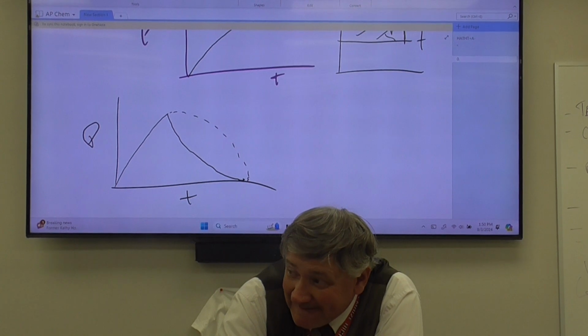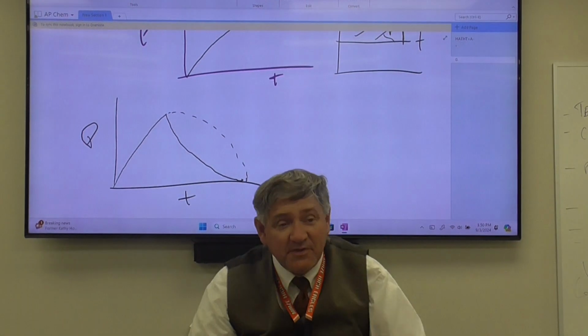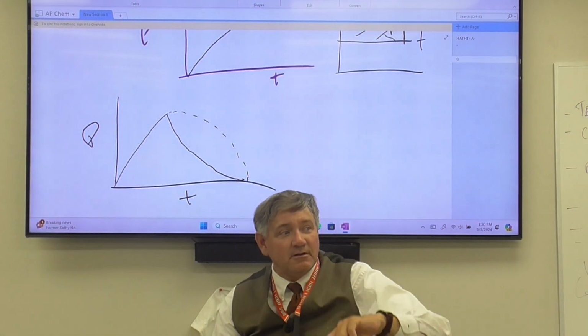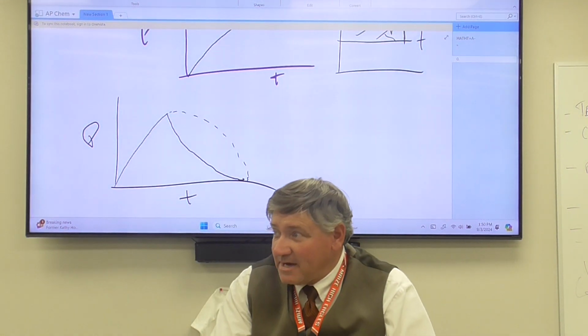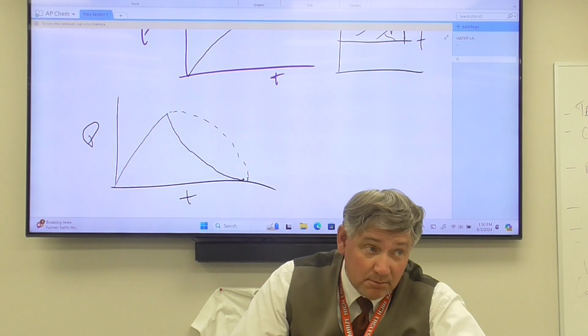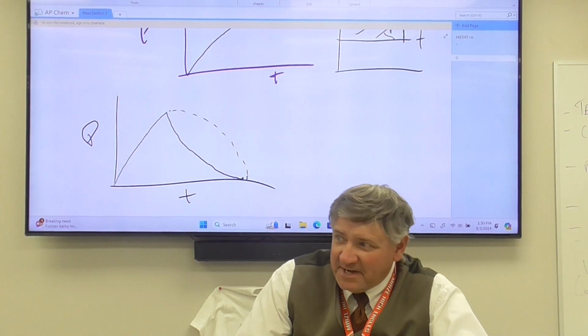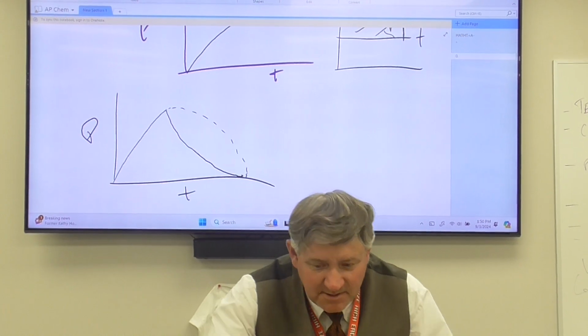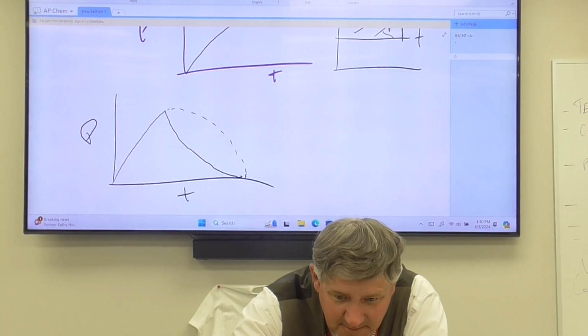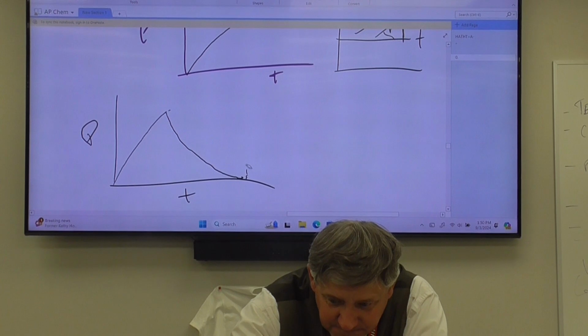Because it slows down over time. What would the upper dash line show? Speeding up over time. That would show that it was speeding up as it rolled back towards my hand, which would be cool, but it's a violation of conservation laws. So it's going to be the bottom line.